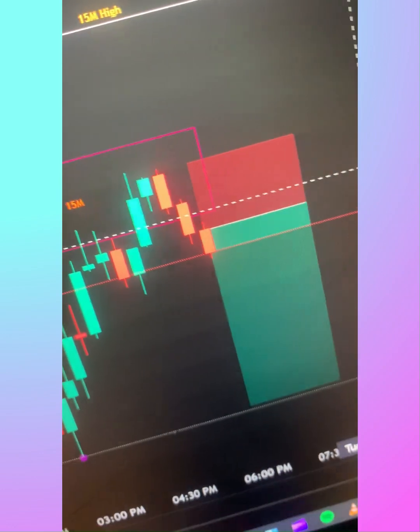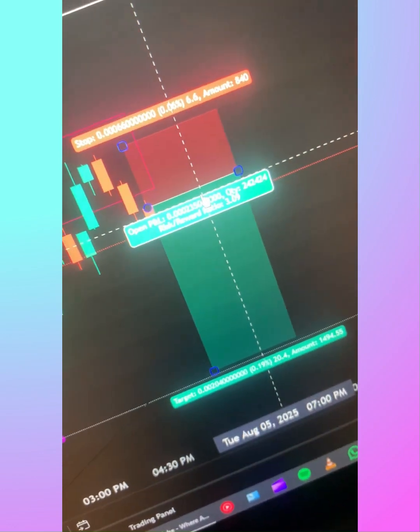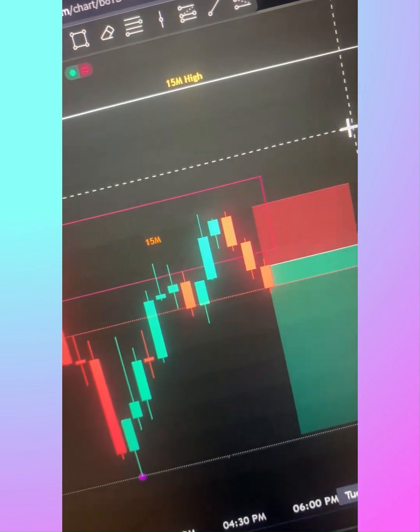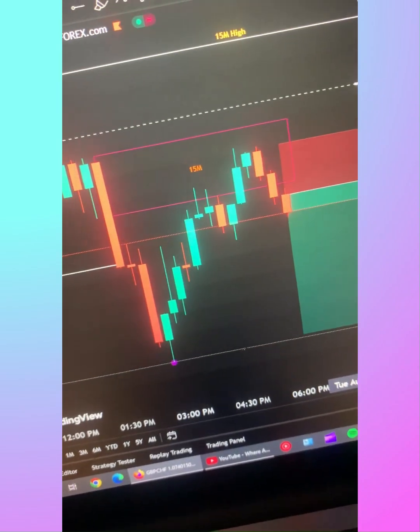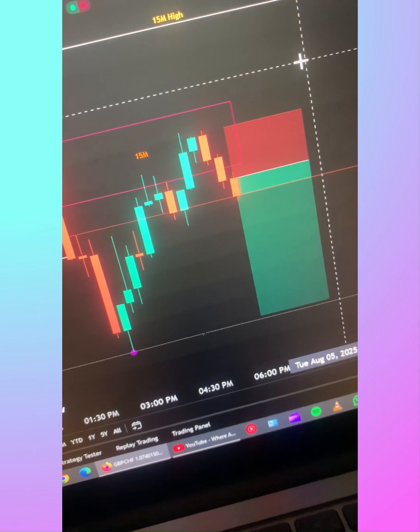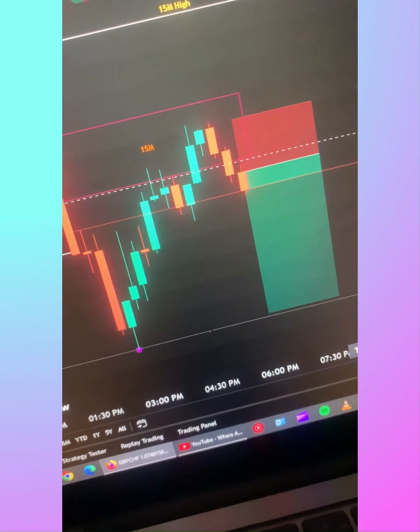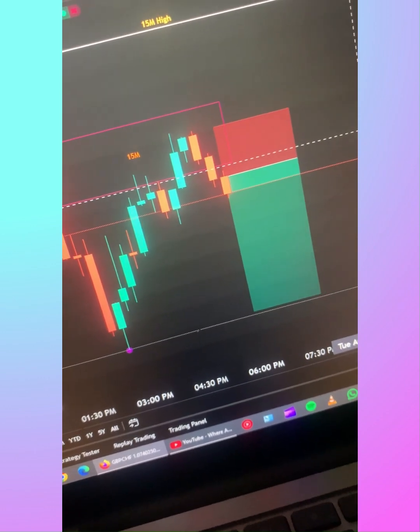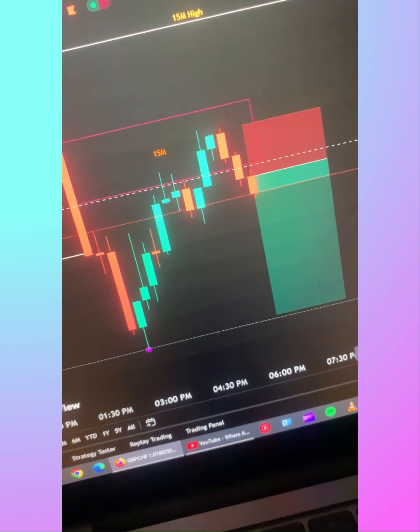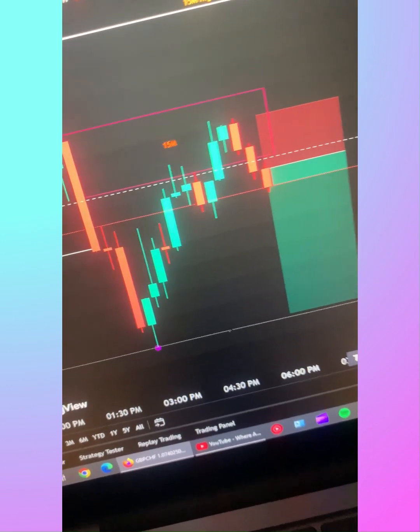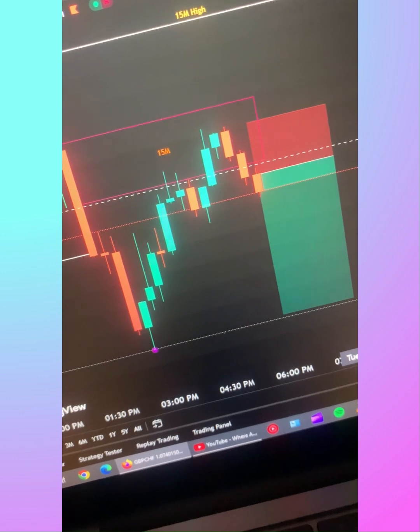So I'm just hoping that this trade actually becomes a profitable trade before 8:30. It might be possible, it might not, but no matter what it gives me, I will continue to update you guys. This is the chart, and I'll continue to update you guys with the price itself in the background.